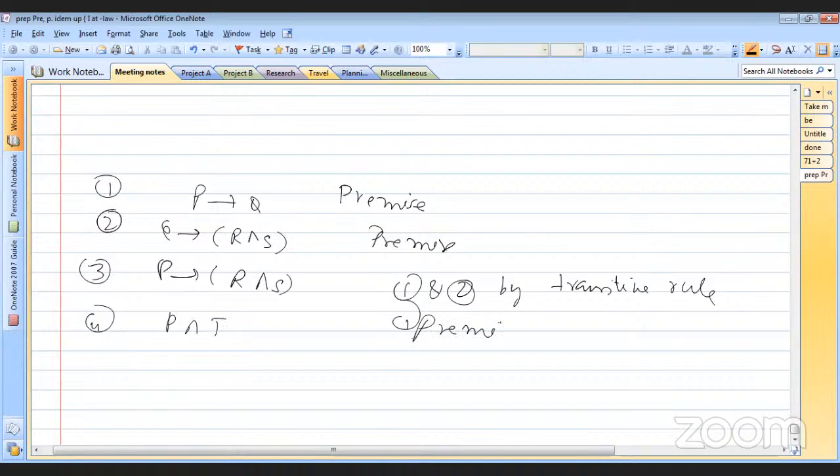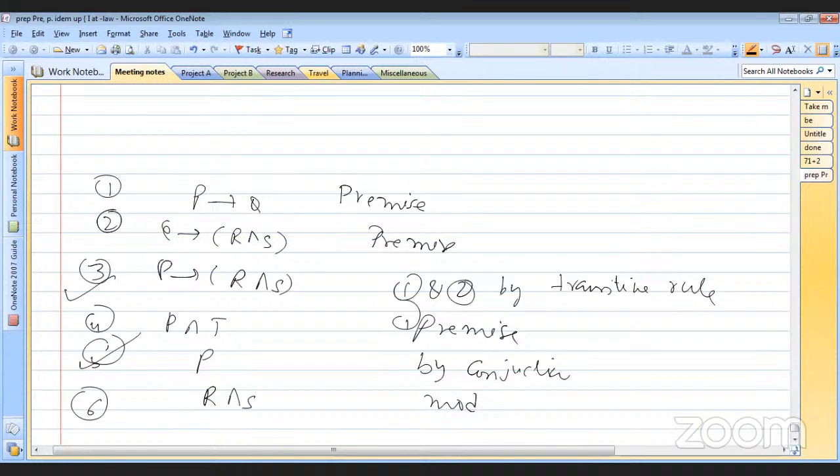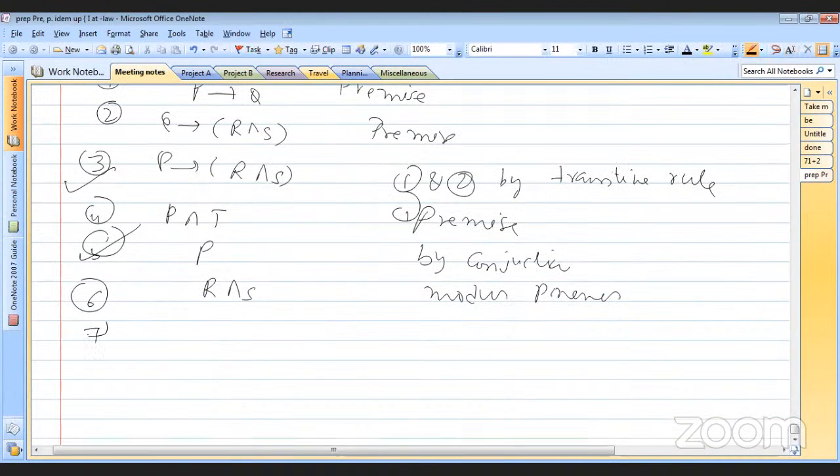Fifth, P from 4 by conjunction. Then sixth one, R and S from 5 and 3, by modus ponens. Seventh, R from 6 by conjunction.